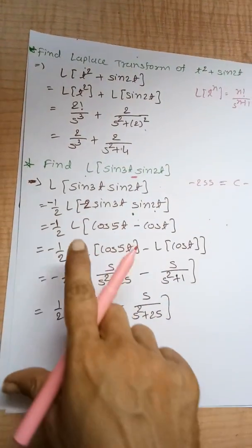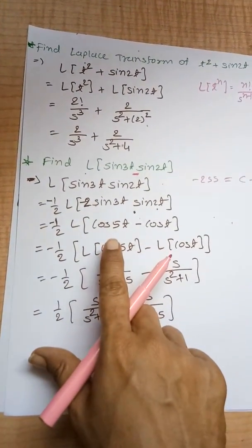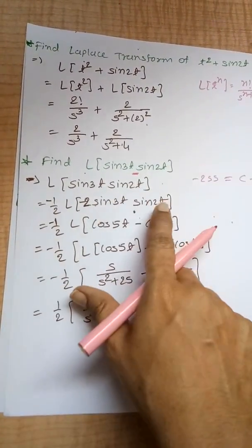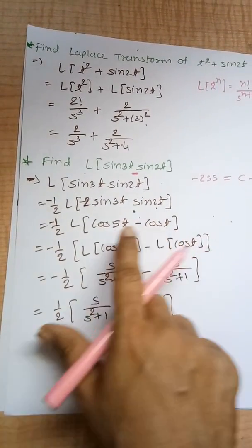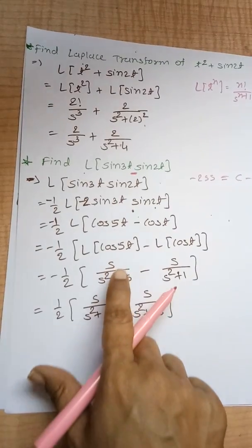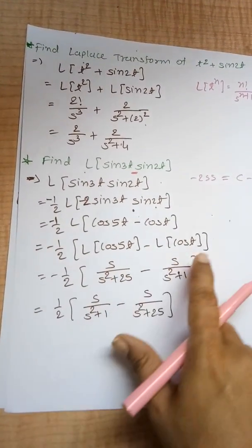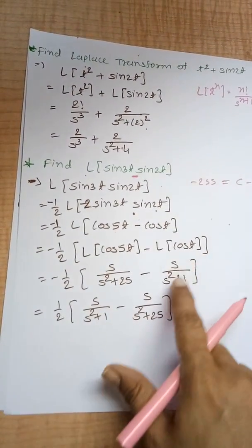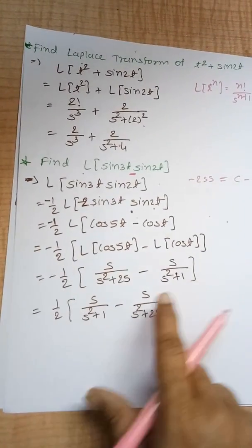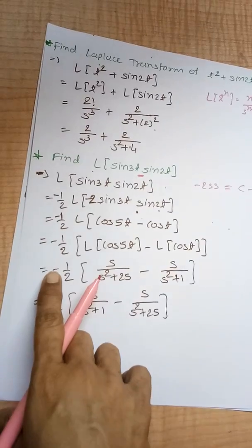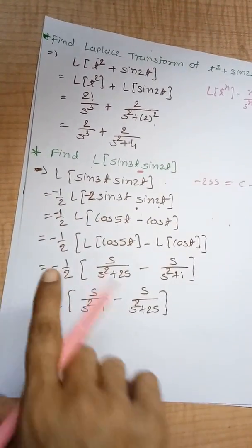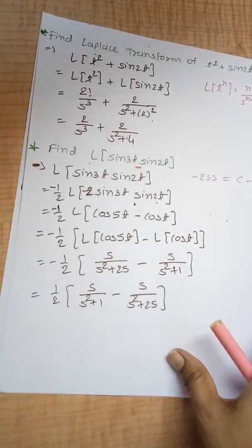So minus 1/2 Laplace of cos(3t plus 2t), that is cos 5t, minus cos(3t minus 2t), that is cos t. Now the Laplace of cos 5t is s upon s square plus 25. Laplace of cos t is s upon s square plus 1. Here there is a minus sign. If I want to remove this minus sign, just interchange these two terms.